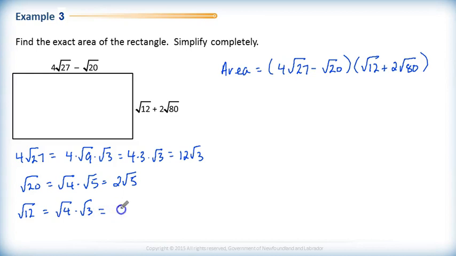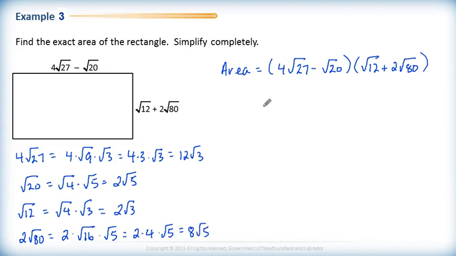So the square root of 4 is 2, so I've got 2 root 3 here, and 2 root 80. That's 2 times the square root of 16, which is the largest perfect square factor of 80. 16 times 5 makes 80, so I've got 2 times 4 times root 5, which gives us 8 root 5.